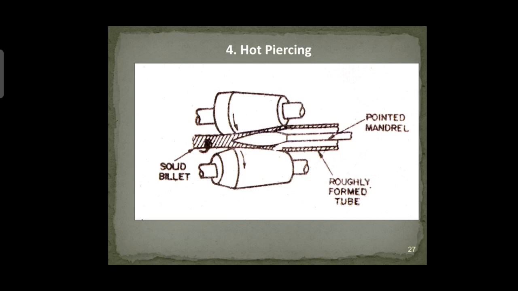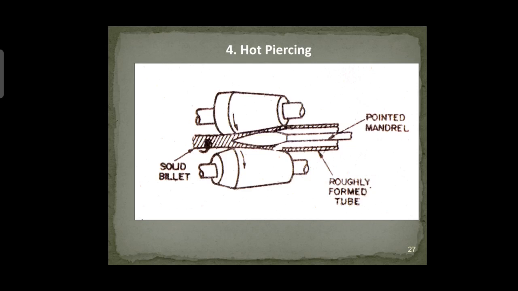It means they are side by side, one above the other, but not exactly placed one above the other. They are placed slightly to the side, oblique. Both are rotating in the same direction. If you are rotating clockwise, both rolls are rotating in the clockwise direction. Now this solid billet is introduced in between these two rolls, where the action of these rolls causes the billet to revolve about its own axis.